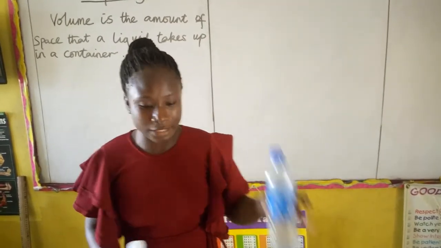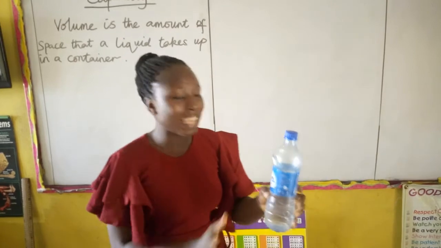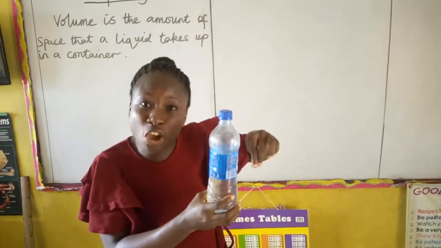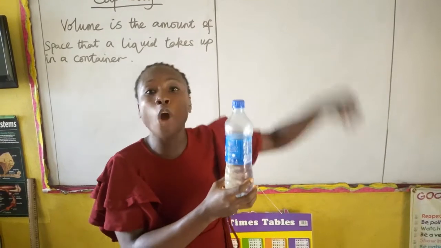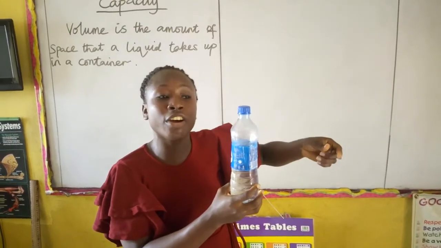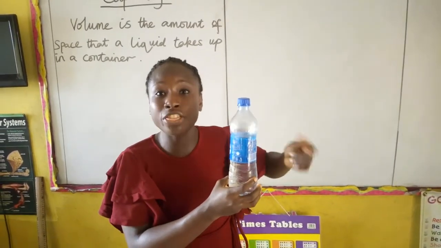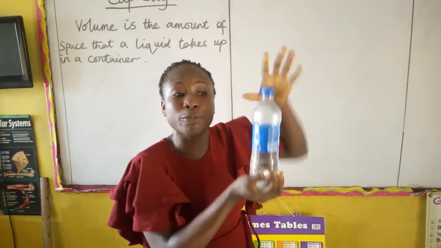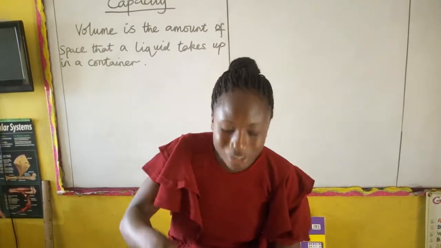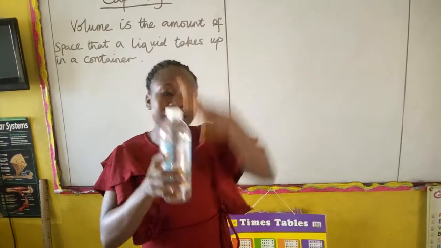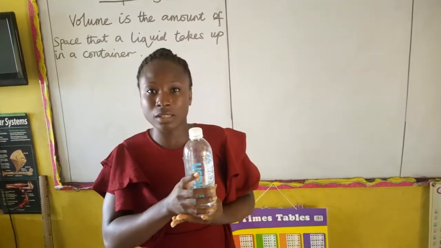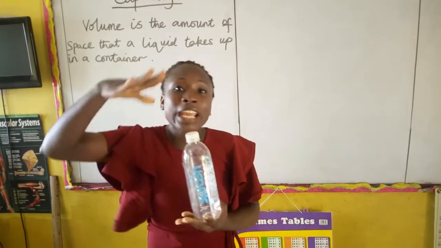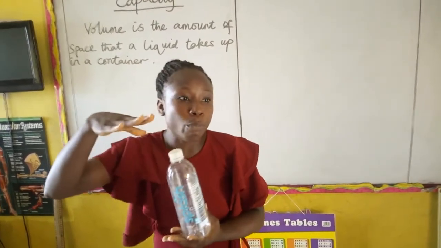Do you understand? So volume is the amount of the water inside, the measurement of the water or the juice or the tea or the beverage inside it. But capacity is what it can hold, what it can take, what can fill it to the brim.